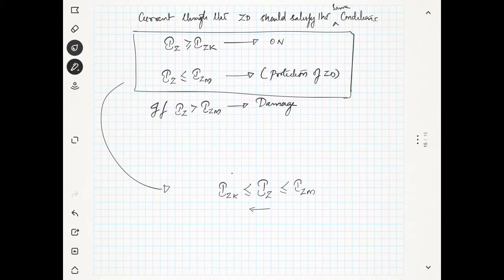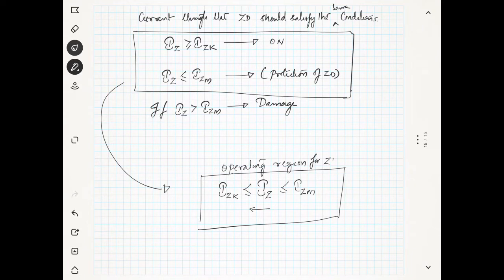I can say Izk should be less than Iz, and Iz should be less than Izm. This is the operating region for the Zener diode.